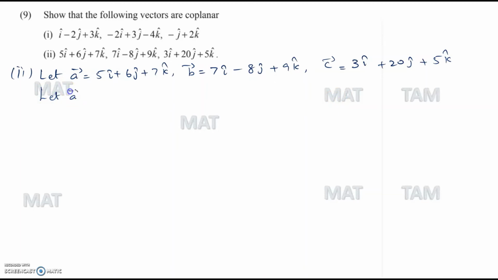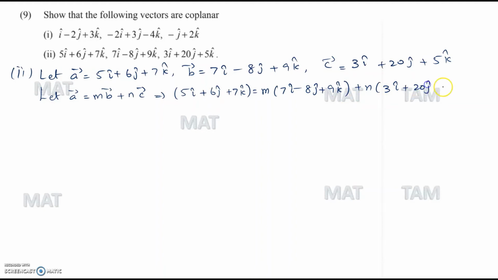Let vector A equal m times vector B plus n times vector C. Substituting the values and taking the coefficients of i, we have 5 is equal to 7m plus 3n.